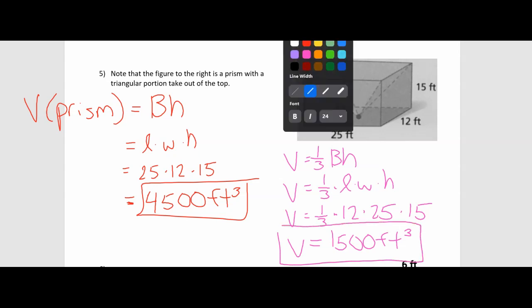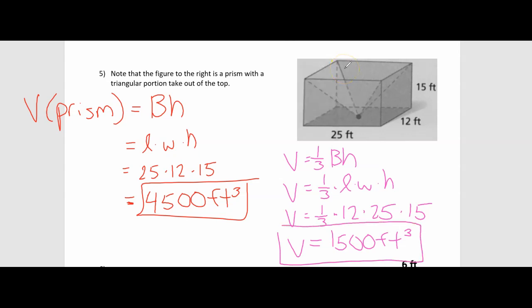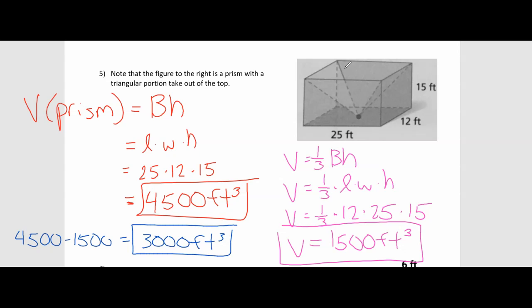Now, if the whole thing is 4,500, the part that we're removing is 1,500, so our final answer is going to be 4,500 minus 1,500. That gives us 3,000 cubic feet. We'll just shade this in blue, that would be the blue volume.